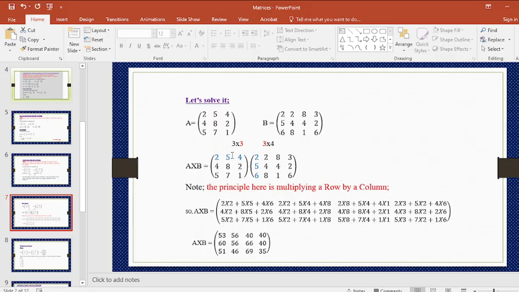Again, this row comes back and multiplies the second column. Likewise, again, that first row will come back and multiply the third column, and this again first row will multiply the fourth column. That's why I have all of these. We have that entry there, we have this entry here, we have this entry here, and this entry here.